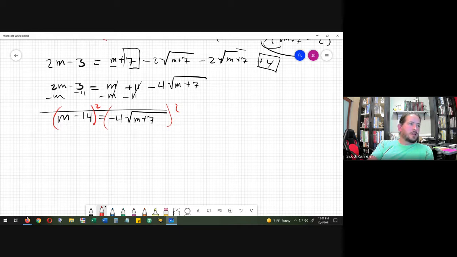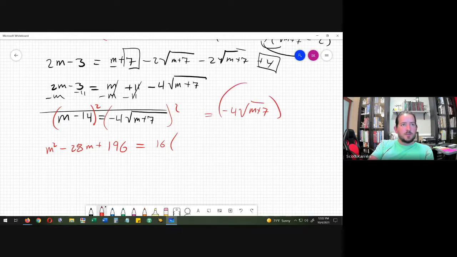If I square the left-hand side, that will be m squared minus 28m plus 14 squared, which is 196. On the right-hand side, when the negative gets squared, it goes positive. So that's 16, but it's multiplied by the square. It's like taking negative 4 root m plus 7 and multiplying it by itself.